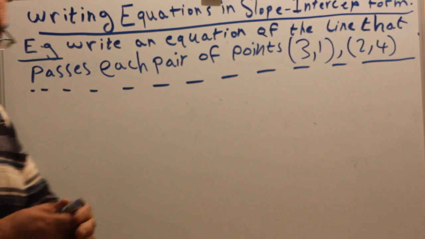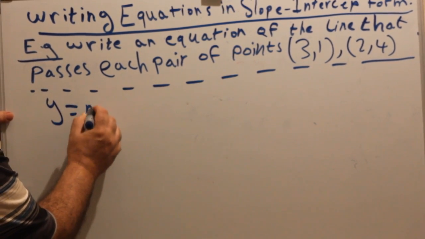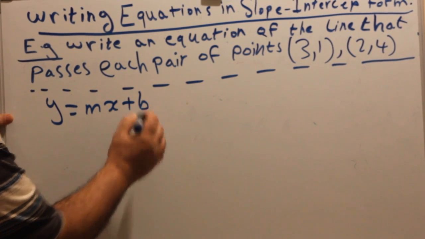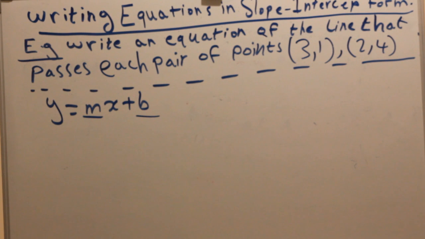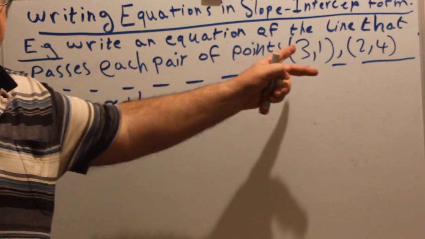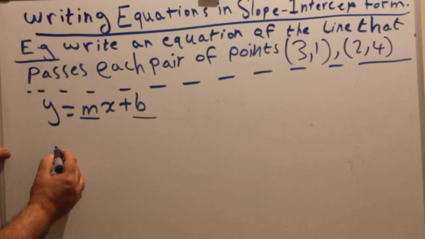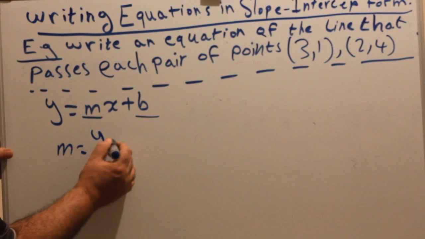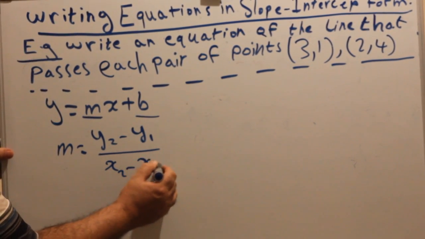In this case, the slope-intercept form is y equal mx plus b. But I don't have the slope, I don't have the y-intercept. So what shall we do? In this case, I have 2 points. From these 2 points, I can get the slope. And we know that the formula of the slope is m equal y2 minus y1 over x2 minus x1.